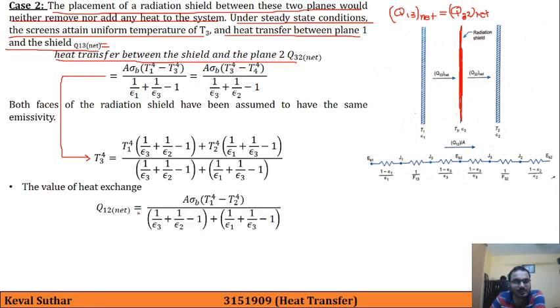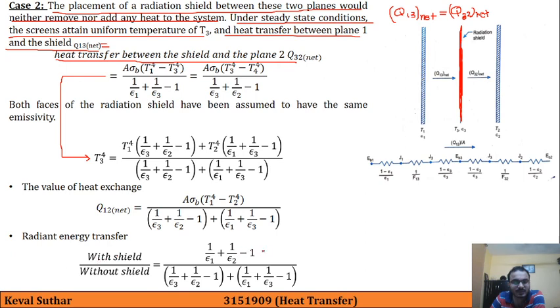The value of heat exchange, that is Q12, can be written in this way, and the radiant energy transfer as in our previous case, without shield and with shield.